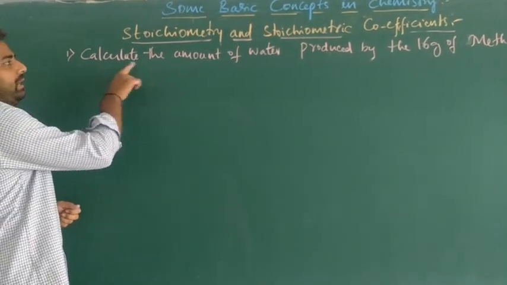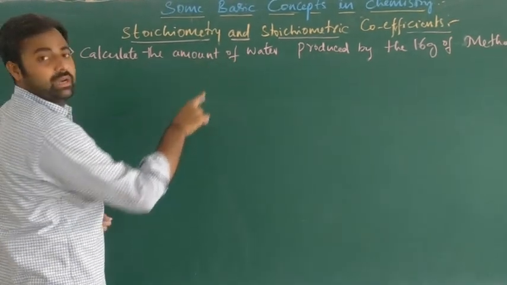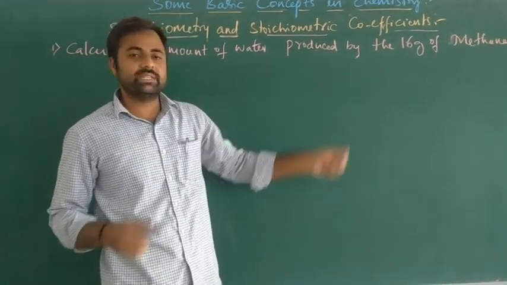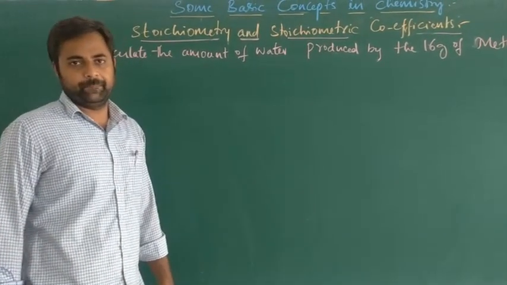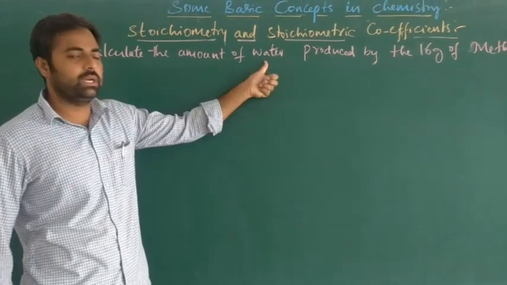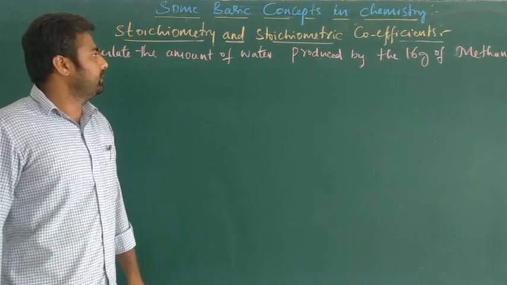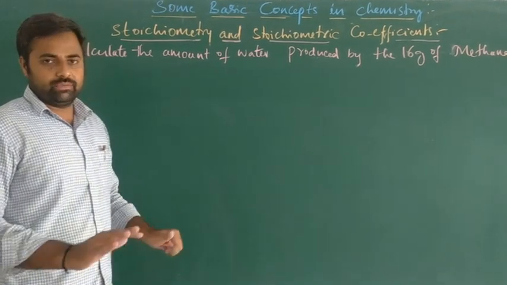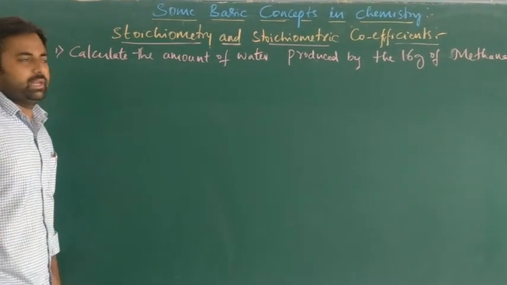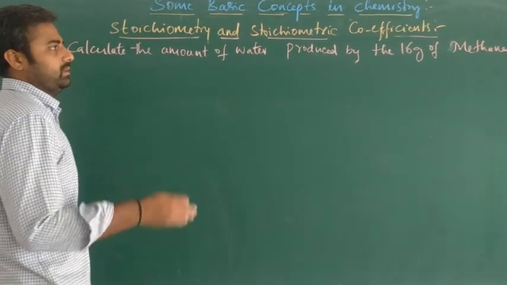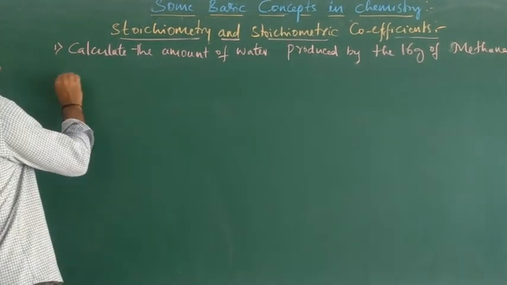Problem is to calculate the amount of water produced by 16 gram of methane. Very simple. First you have to write the balanced chemical equation. Right? That is combustion of methane.